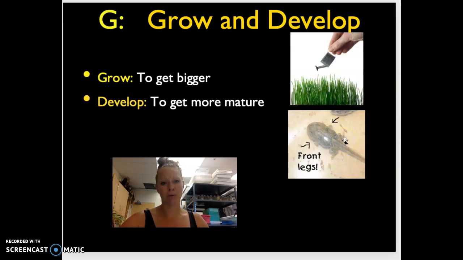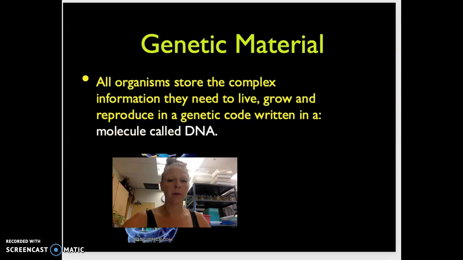Living things need to grow and develop. In order to do that, we need more nutrients or more materials, and remember that materials are the elements from the periodic table. We are made of elements, so we need more elements.